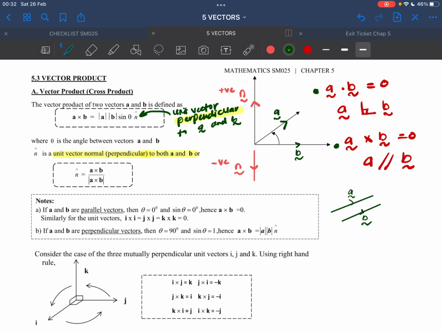These are very important properties. One is from scalar product, or dot product, and one is from cross product.